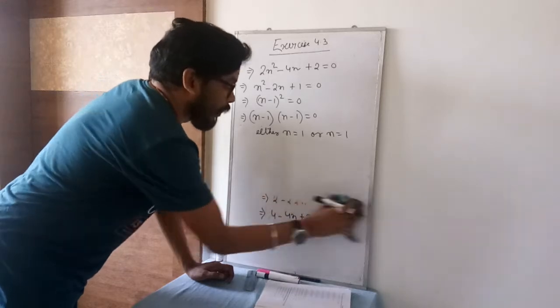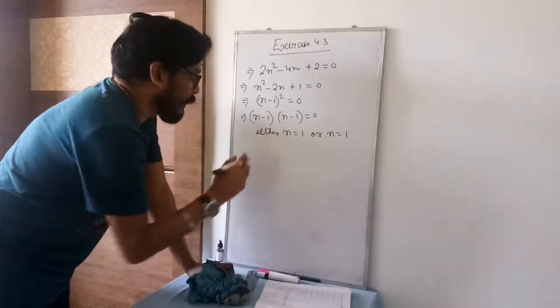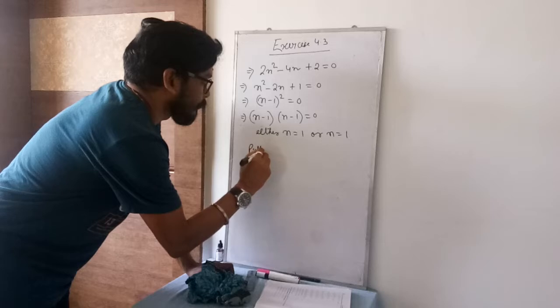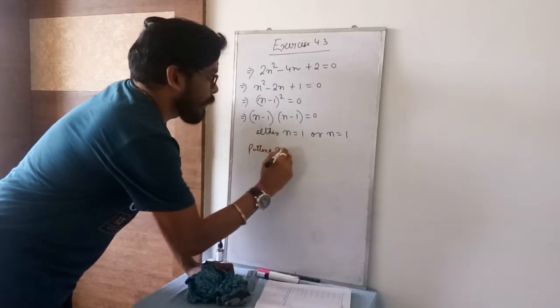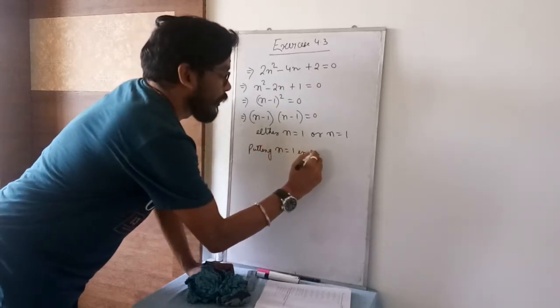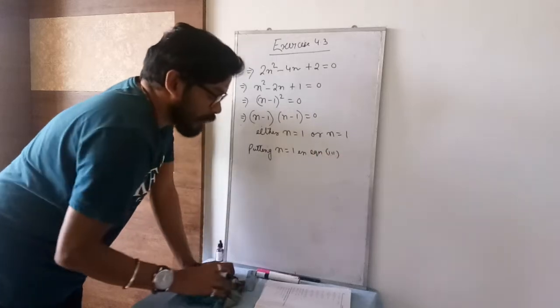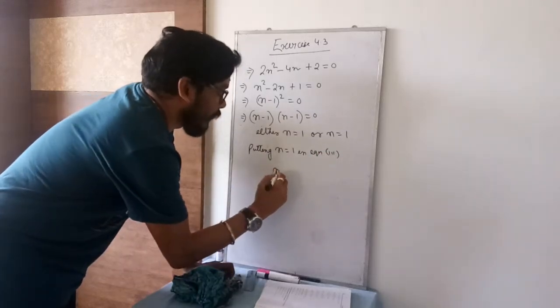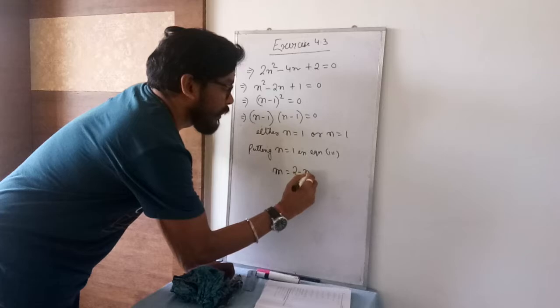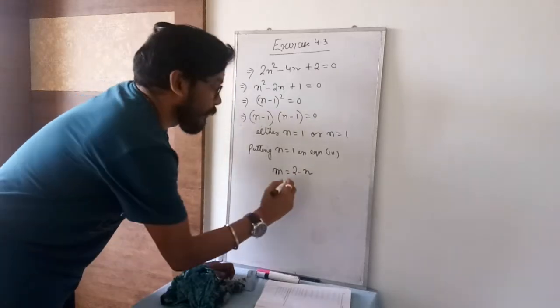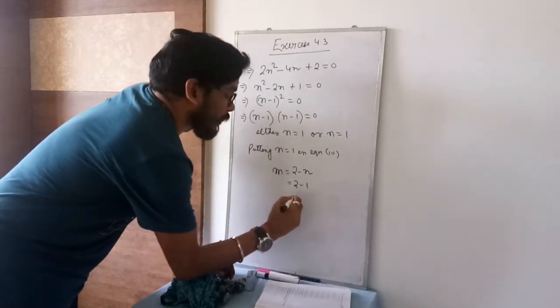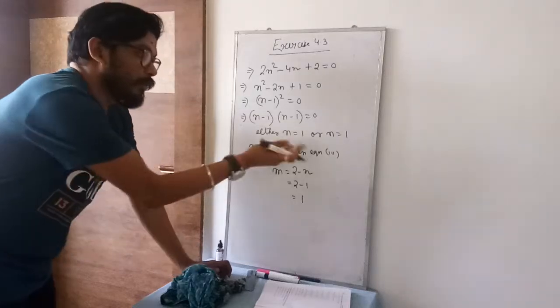Now I will find the value of m, putting n equal to 1 in equation 3. What was our equation 3? m equal to 2 minus n. So it is 2 minus 1, that is 1. So the other value also will be 1 only.